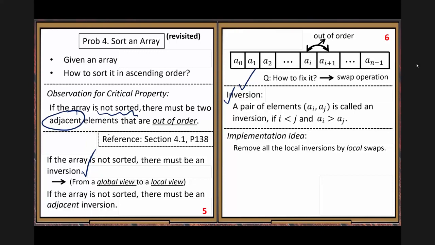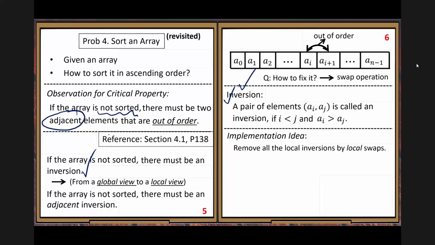If all local inversions are gone, then the whole array is sorted. That means no inversion, because if you have a global inversion, then you must have a local, adjacent inversion.